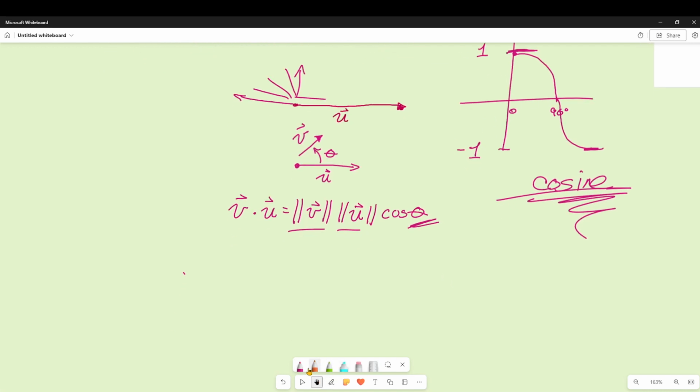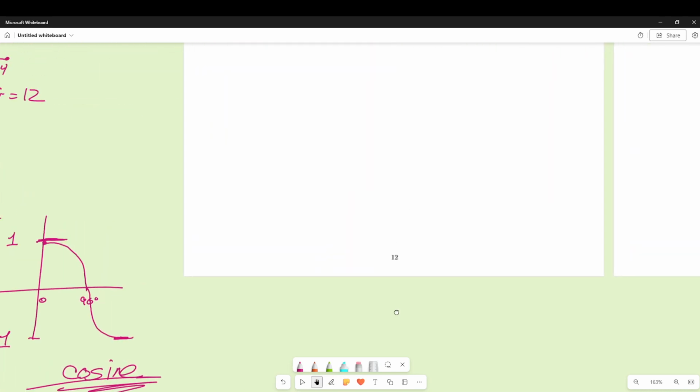Even better, if we divide off these magnitudes, we get that the cosine of the angle between our vectors is the dot product divided by the product of the magnitudes, which gives us a tool for finding the angle between vectors. And that's a very nice use of our dot product.